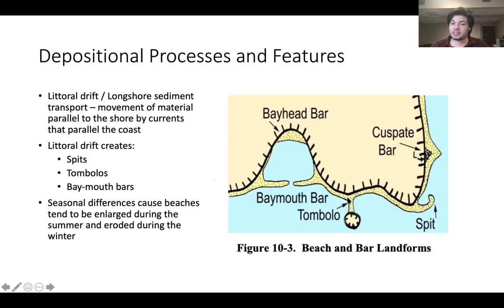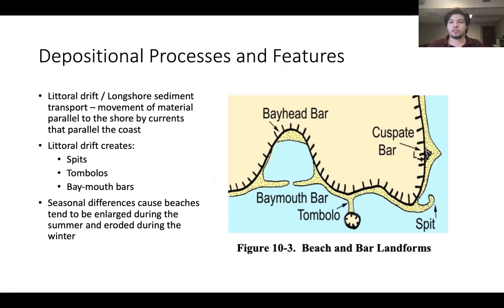A tombolo is a usually thin sort of line of sand that connects an island of some kind or maybe a stack to the shore. And then a baymouth bar you can see here is these sort of bits that come out into the bay. Know those three, know what they look like, be able to identify them.